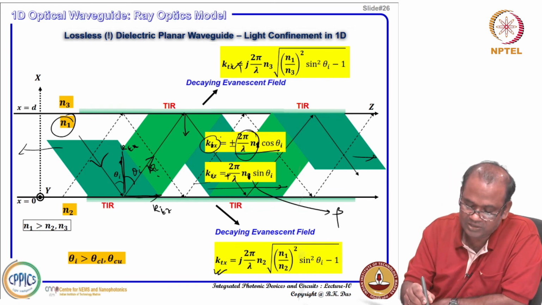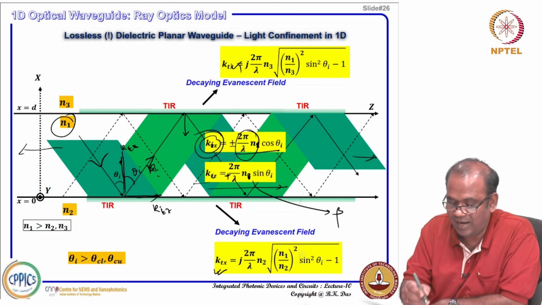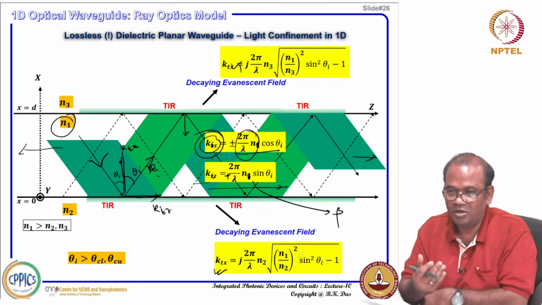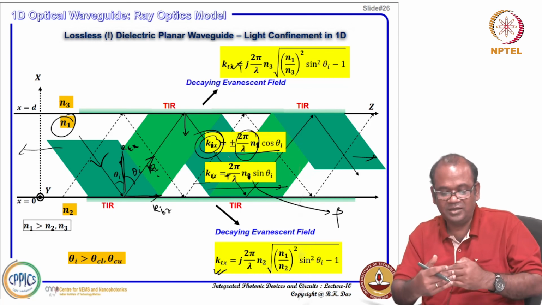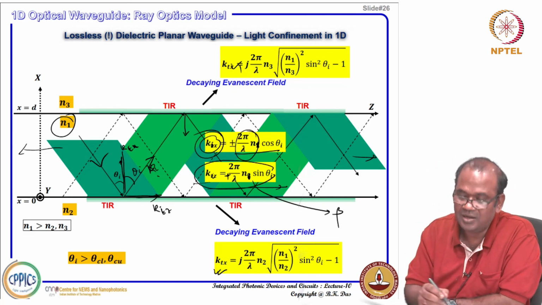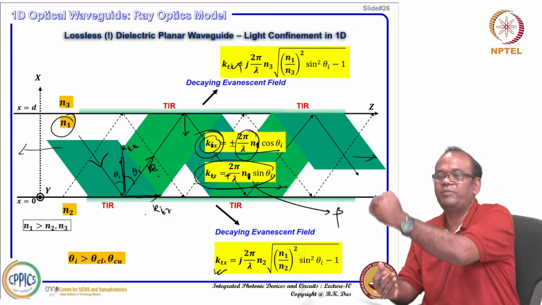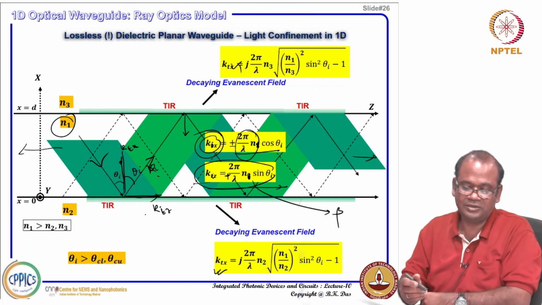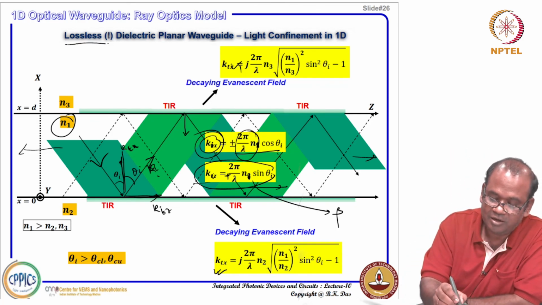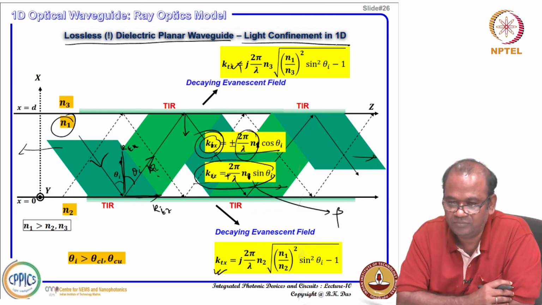That means the K transverse component inside the core contributes to field confinement along the x direction, and this component of the wave vector helps to carry energy along the waveguide direction. So, that is how you can really design a lossless dielectric planar waveguide, with light confinement in 1D.